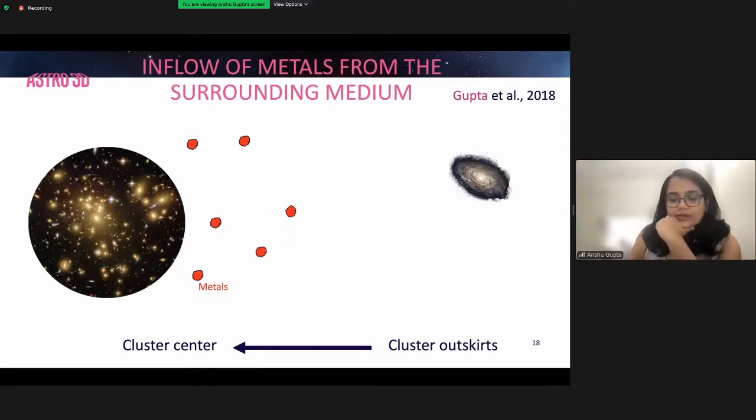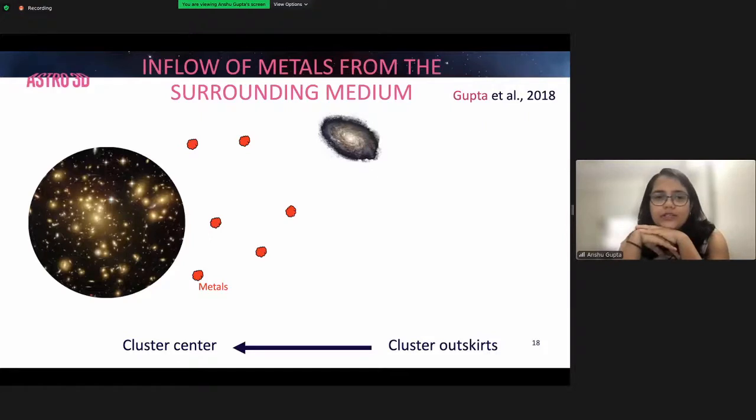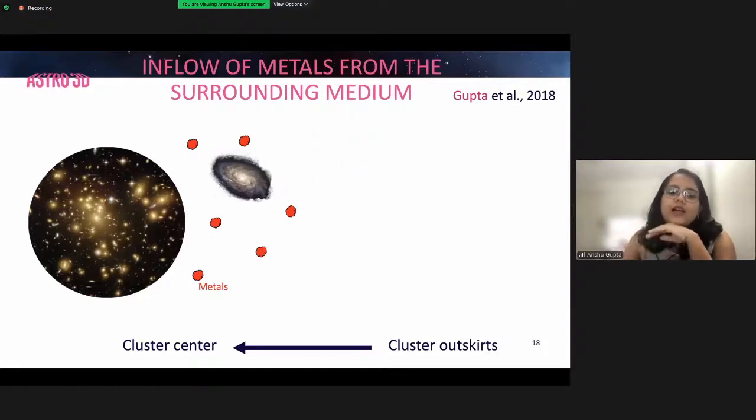So what we found was, as the galaxies fall into the cluster environment, they go through this intra-cluster medium. And the intra-cluster medium has pockets of gas which is already enriched in metals. Because intra-cluster gas is full of gas which has been coming out from all the galaxies that are part of the cluster already. So it already had some chemical content.